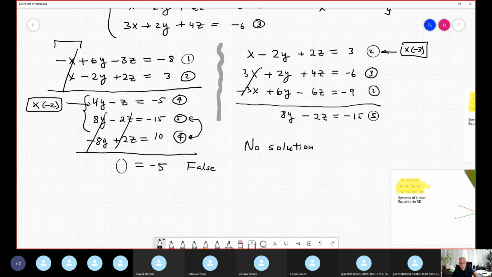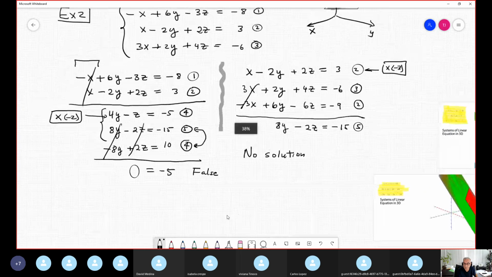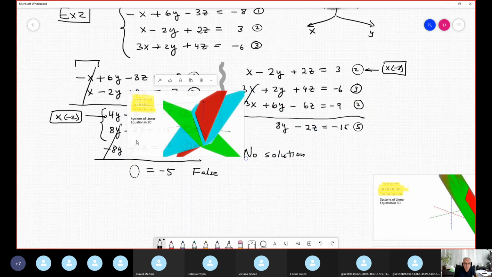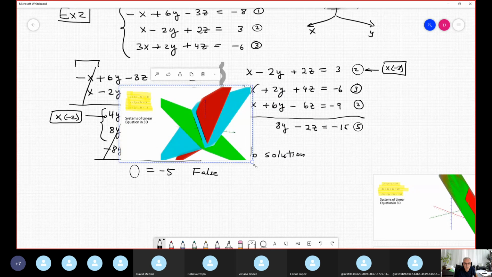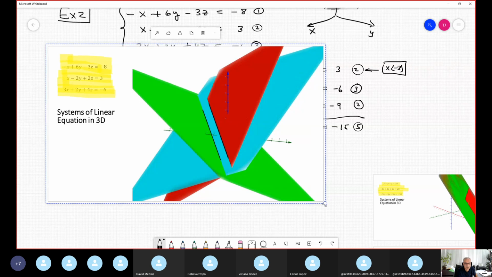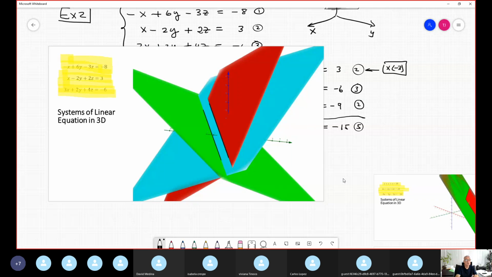Okay, I illustrate this situation in one slide of the PowerPoint. Look at that. Yes, it's this. Okay, I put the equations in the software to make a 3-dimensional graphic. I saw 3 planes, the red one, the green one, and the blue.